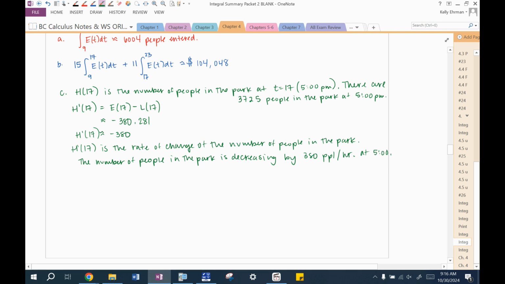So this is how many people are in the park. This is how many people are leaving each hour exactly at 5 o'clock.